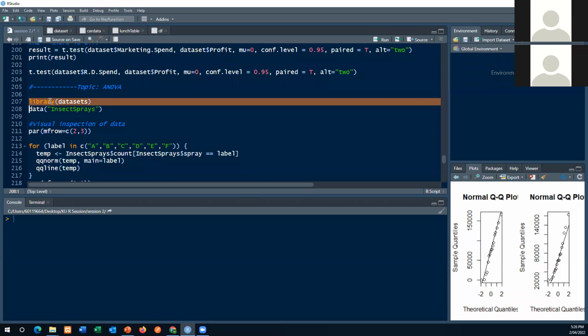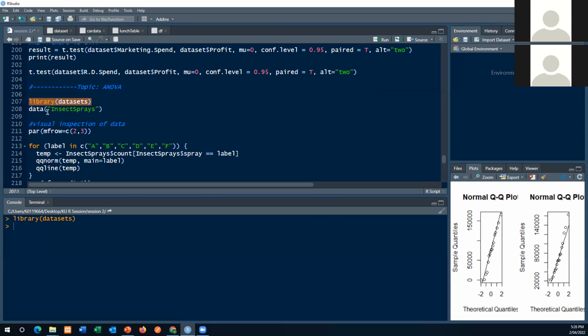We are loading it through a function called library, which is a new command for you. If we want to add anything to our session, we have to use the library command. Library datasets loads all the necessary data available in R into our memory space.